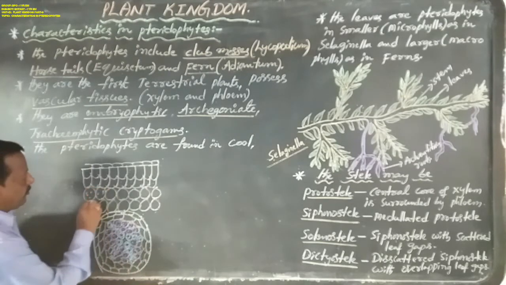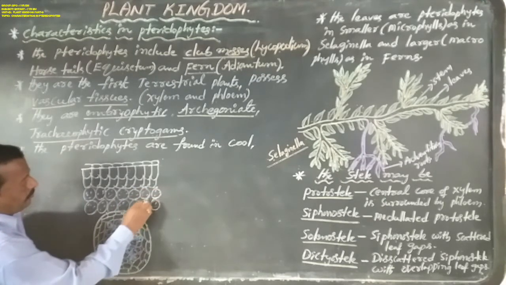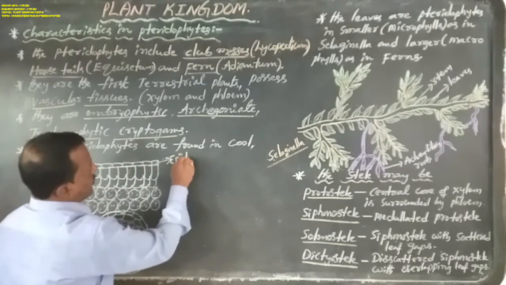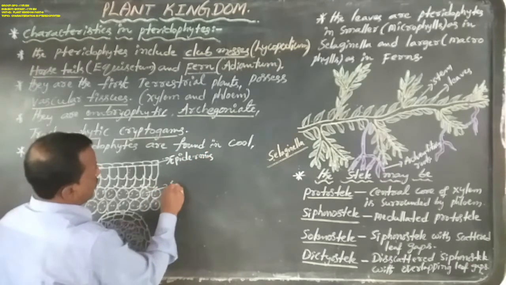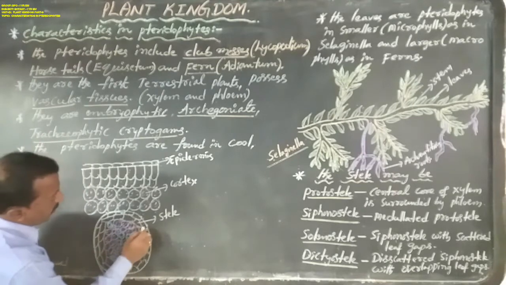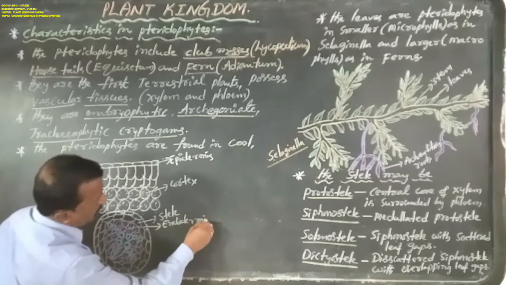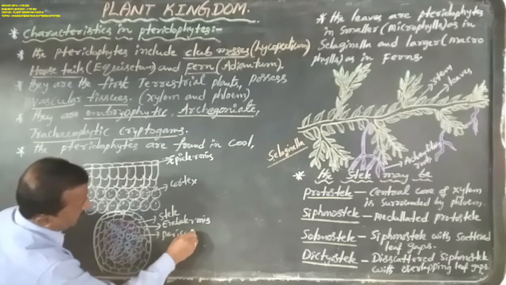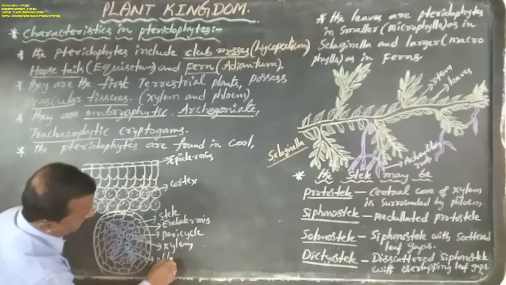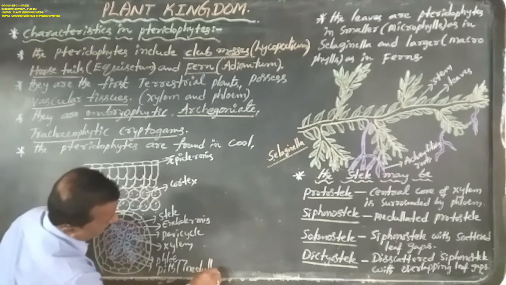This is the cortex. This is the epidermis. Mainly the cortex is present here, and this is the stele. The stele consists of endodermis and pericycle, mainly xylem and phloem, and sometimes pith or medulla is present.